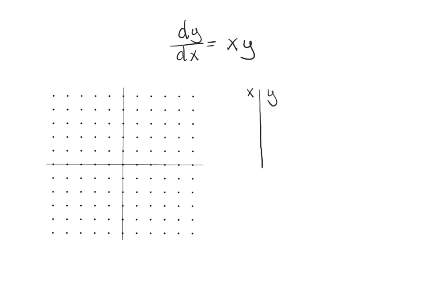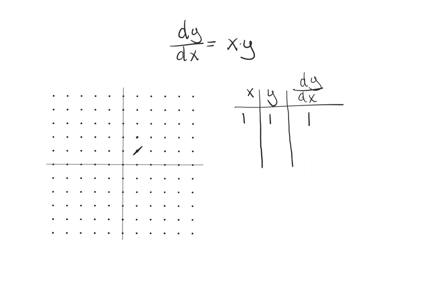Every point has an x and a y, and then evaluate the slope using our differential equation and sketch so that we can get a picture of what the antiderivative graph would look like. So let's start with 1, 1. Why not? So that point at 1, 1, 1 times 1 is 1. So at this point 1, 1, I'm going to sketch a little slope of 1.